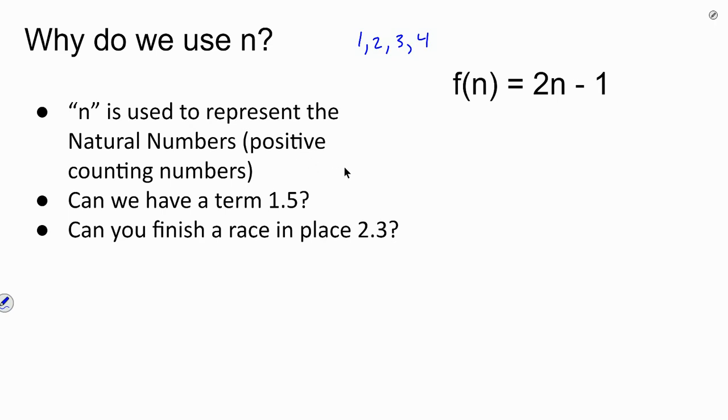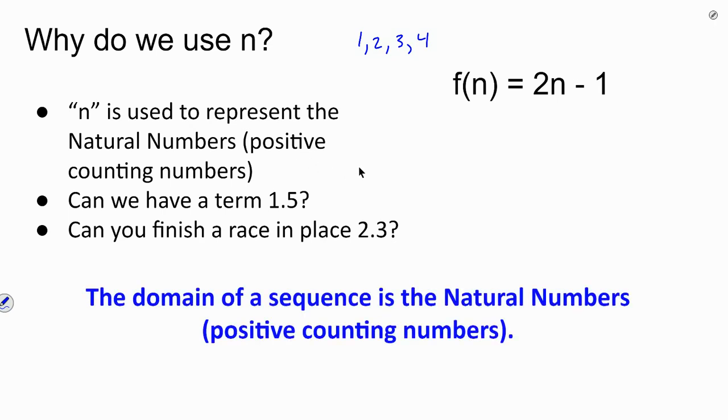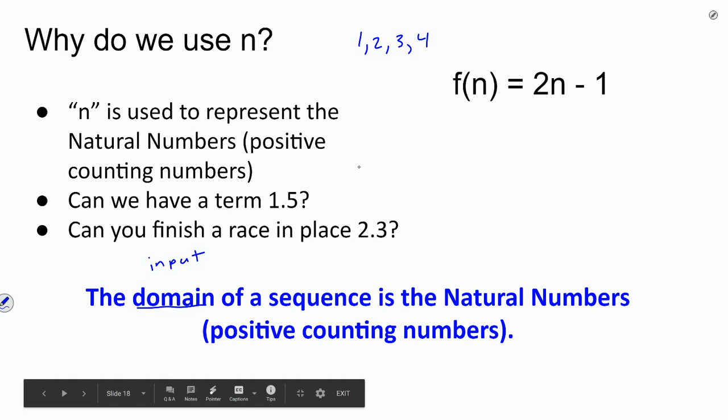So another big thing you need to write down is that the domain of a sequence is the natural numbers. Now, if you miss the domain and range video, go back and watch it. But domain, if you remember, these are the input values of a function, meaning we only input positive counting numbers. So let me write that down.